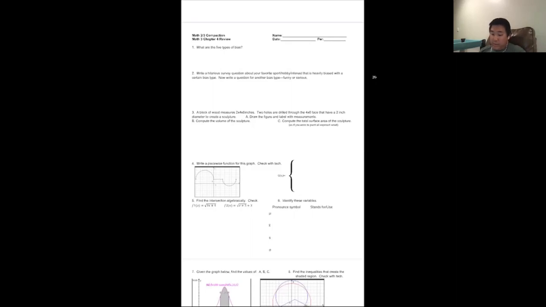Google it if you want to do it. What about a hemisphere? I think you can do a triangle, a circle, an ellipse, a parabola, and a half hyperbola. And these are just things that you should memorize.